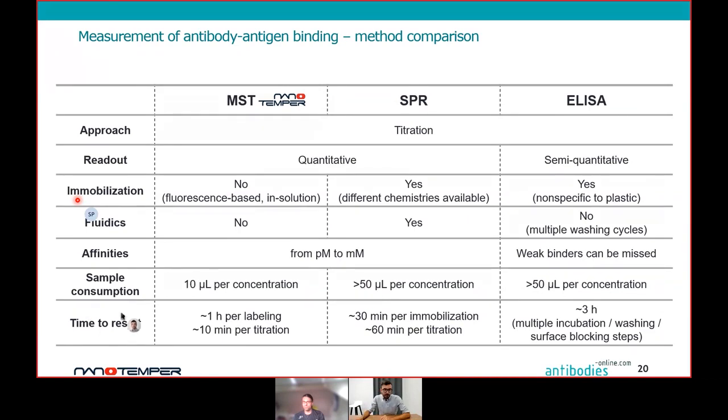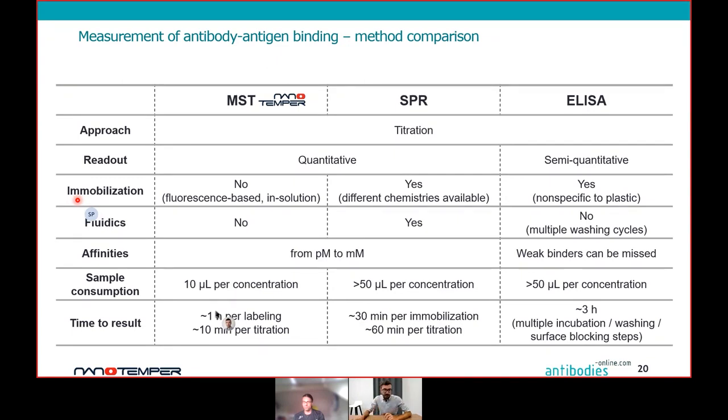And finally, regarding time to result, in MST, I told you you have to do a labeling in the beginning that takes about 1 hour. In this case, it was the labeling of the antibody. Once you have done this, you can prepare aliquots. You can store them at -80 degrees.